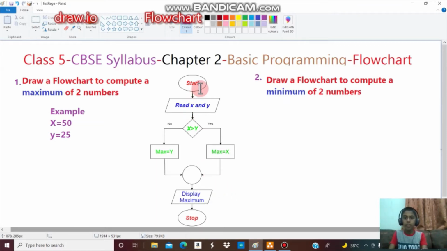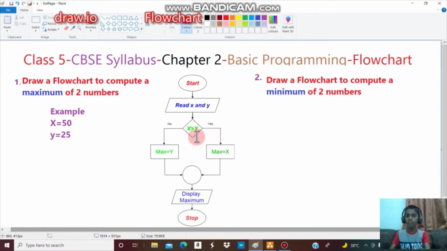As you can see, first we have an ellipse, the start, then a flow line, then we have the input or read. So it reads X and Y. We have 2 numbers. Those numbers are X and Y. Under that you can see a decision box.